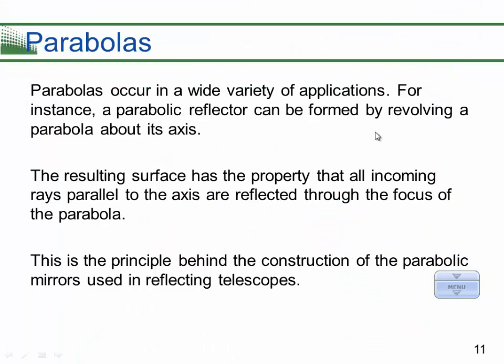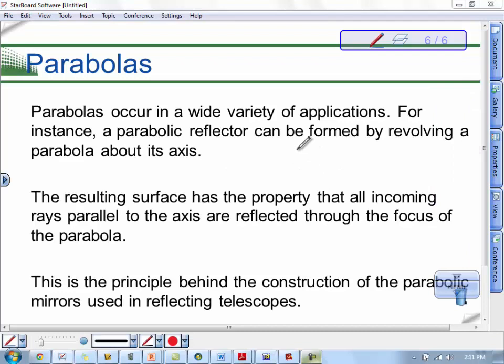Let's talk about some applications of parabolas. Parabolas occur in a wide variety of applications. Some, like reflectors, as you guys know, for antennas collecting electromagnetic radiation. The nice thing about a parabola is it's got a focus.